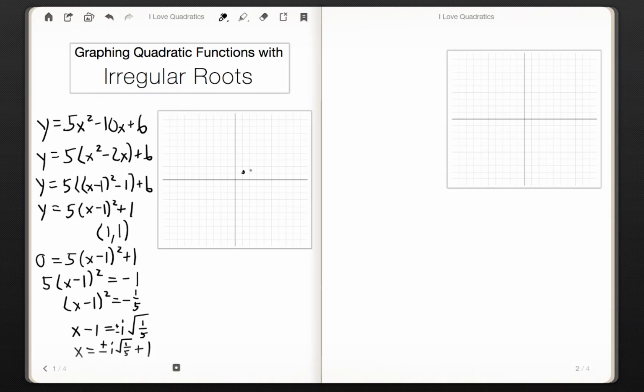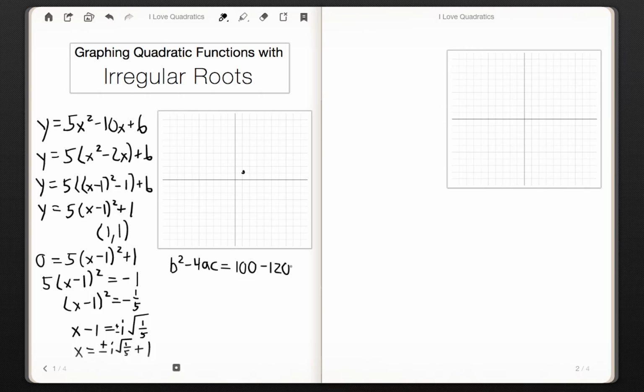Another way to prove this is to use the discriminant. Remember, the discriminant is the part of the quadratic formula under the square root, b squared minus 4ac. So if we take the discriminant of this quadratic, b squared, that will be negative 10 squared is 100 minus 4 times 5 times 6. 4 times 5 times 6 is 120.